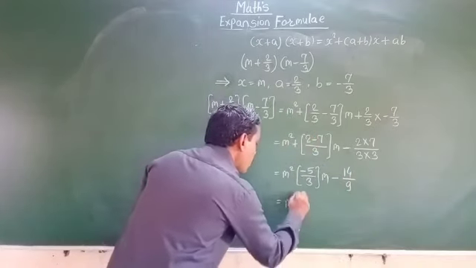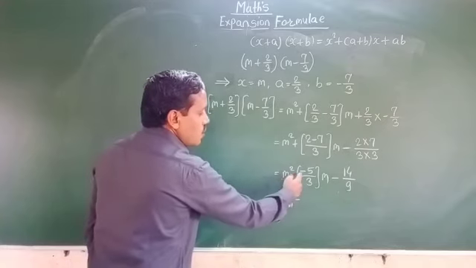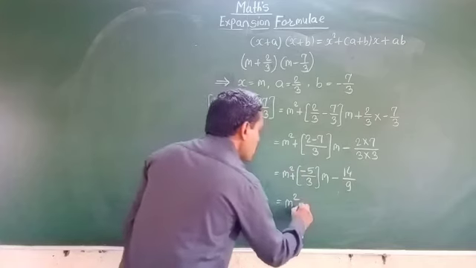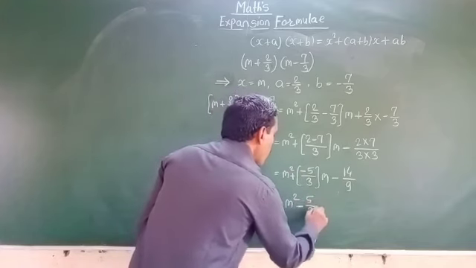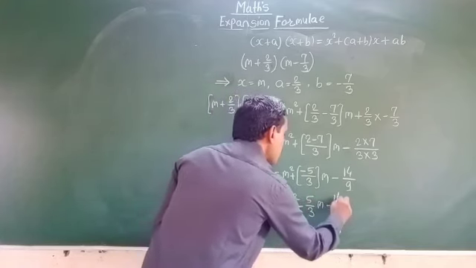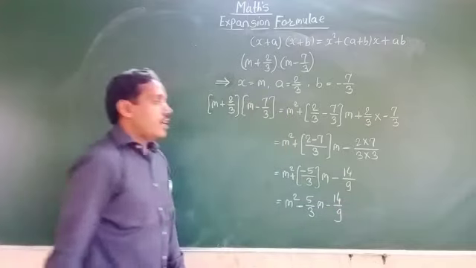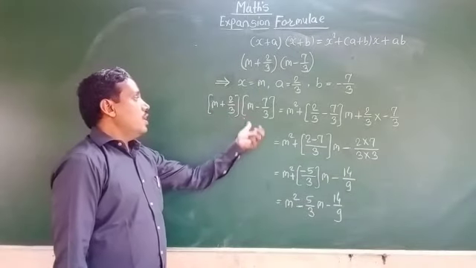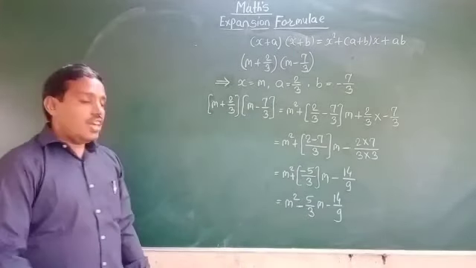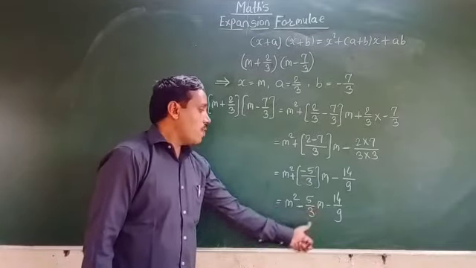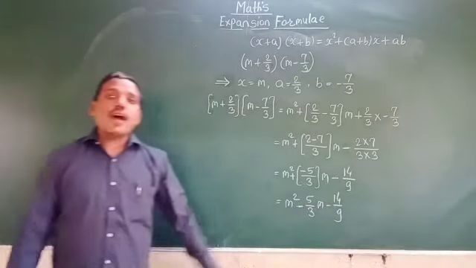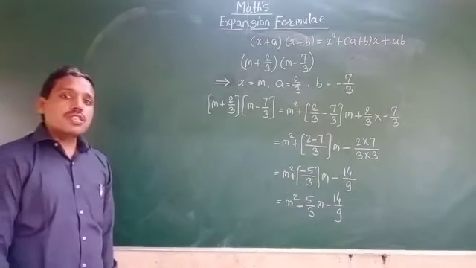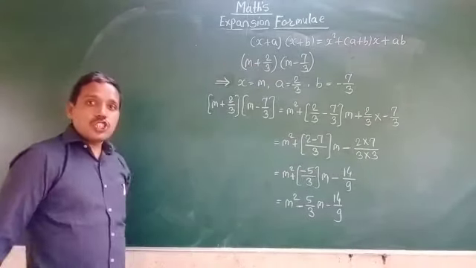So the answer will be m square plus into minus 5/3 m minus 14/9. The expansion of (m + 2/3)(m − 7/3) is m square minus 5/3 m minus 14/9. So in this way we can solve a number of examples by using such an expansion formula.